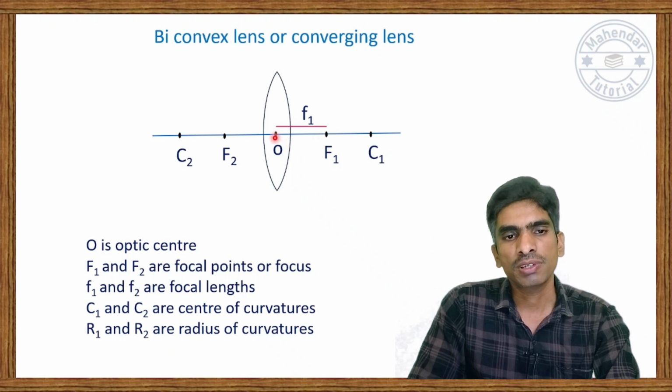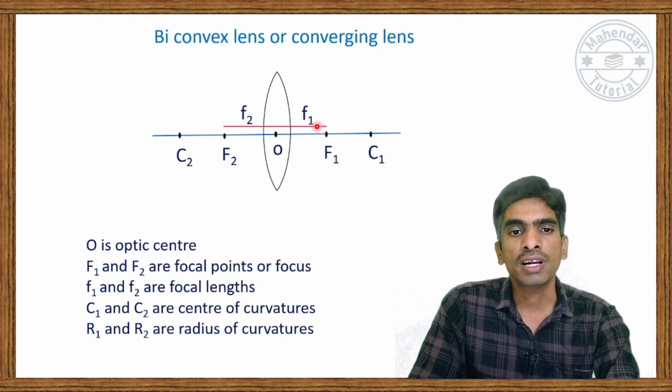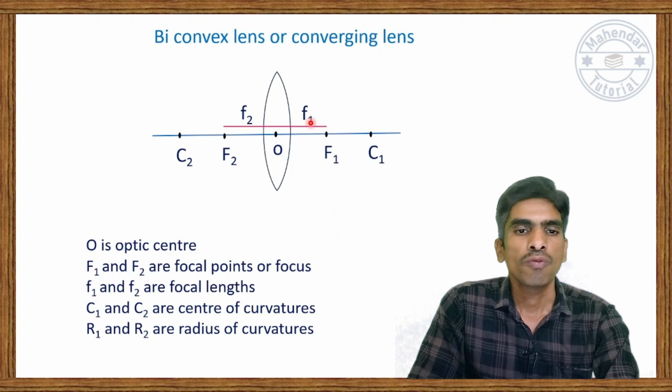Similarly, the distance between optic center and another focal point F2 is also known as focal length. Focal length is indicated with a small f, and focal point is indicated with capital F. Here we write capital F1 and capital F2 are focal points. Small f1 and small f2 are focal lengths.